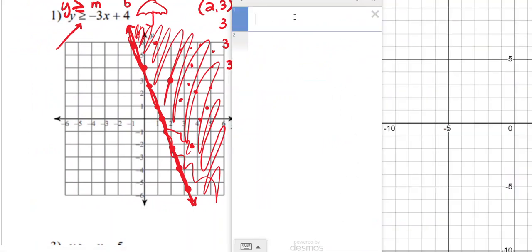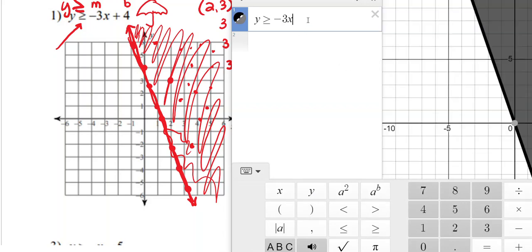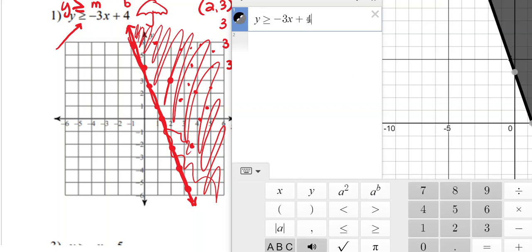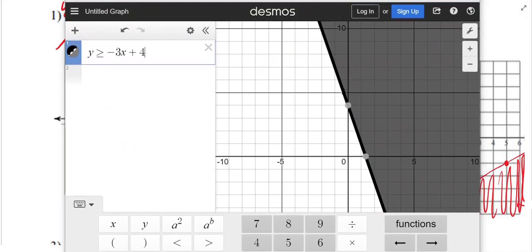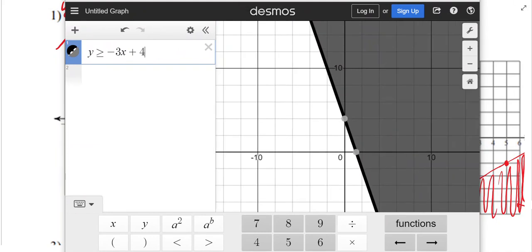So y is greater than or equal to, so I put the greater than, and then I press the equal button, and it does this automatically, but you just have to see the show keypad, click, and there it is, this one, greater than -3x plus 4. Okay, and let me move this mouse a little bit more on camera, and as you can see, there it is. So the coloring should probably be better.